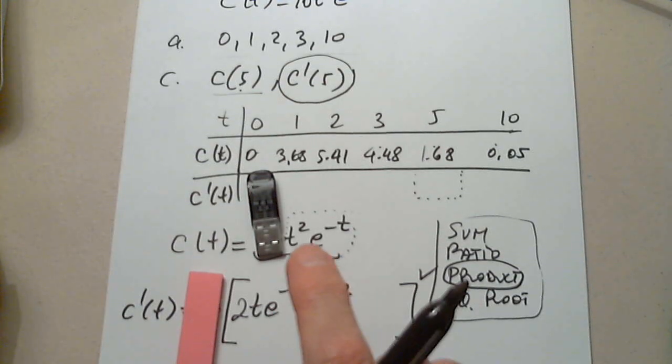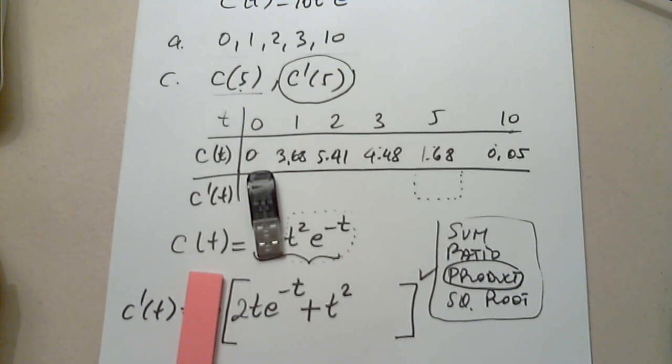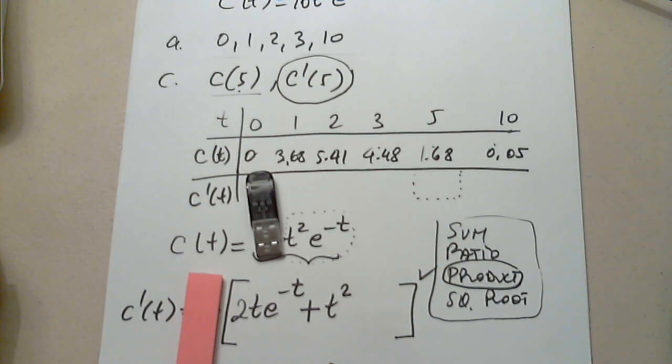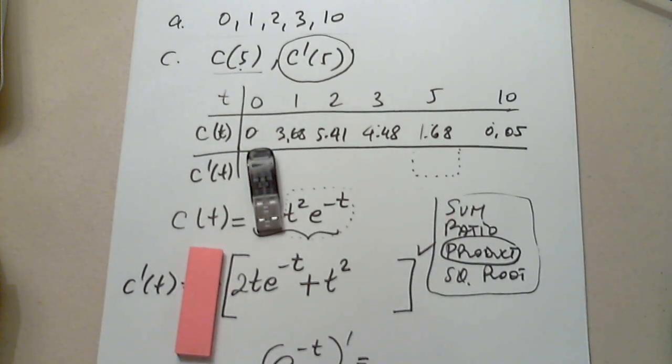And now we have to differentiate e to negative t. Let's do it on the side. E to negative t prime is, can anyone help with e to negative t prime?